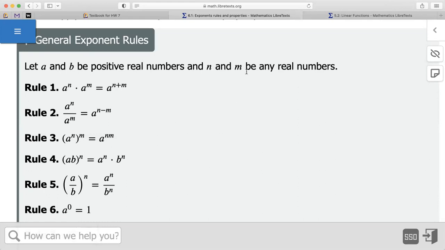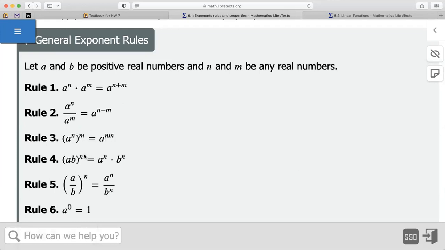Okay, with all the examples we saw earlier, now we put it all together. Rule number 1: if I multiply two numbers that have the same base and different exponents, I add the exponents together. If I divide numbers with the same base, I take the top and subtract the bottom. If I take a power of a power, I multiply them together.